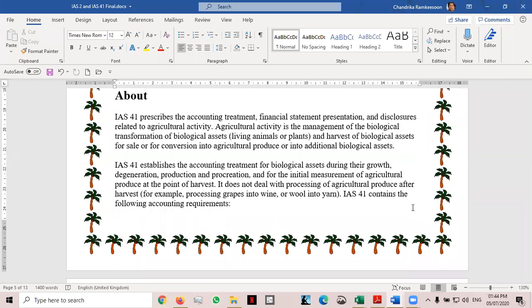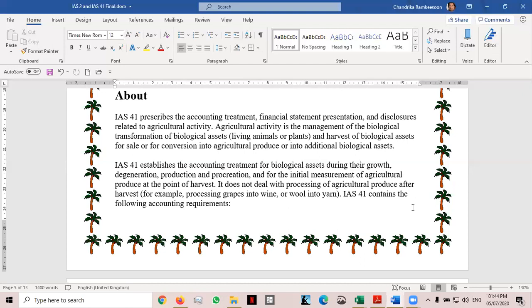We went through certain definitions and examples, but it is important to look at it in more detail because students often get confused with the transition that takes place from a bearer plant to what it produces, and when the produce moves from being classified under IAS 41 into IAS 2 inventories. And that can be a sticking point.